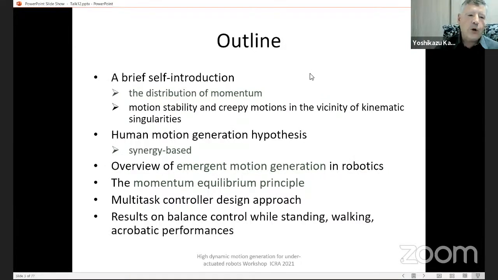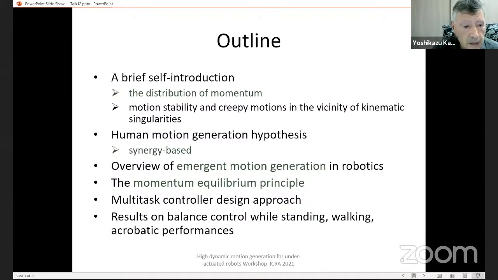This is the outline of my talk. First, I'll give a brief self-introduction, and during it I'll try to explain where we got the idea about the distribution of momentum. Then I will go on with a hypothesis used in motor control of human motions, that humans use synergies, muscle synergies, kinematic synergies, to generate various motions, because I want to make use of this hypothesis.